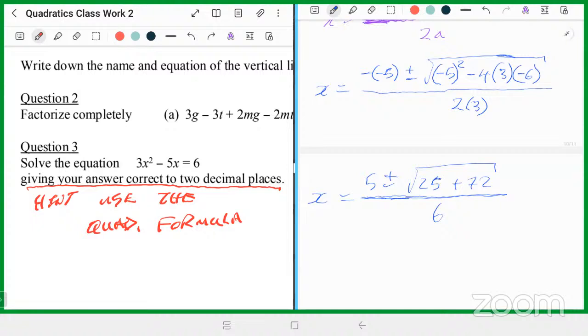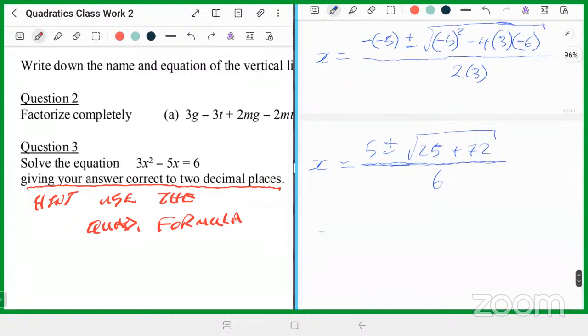So I'm highlighting the mistakes here. Then now we're gonna go x equals, and rewrite this now. This 5 plus or minus, this all becomes 97, square root of 97, and dividing all of that by 6. So you reach a final line, we're going to use the plus to get one root and the minus to get the other root, two values.